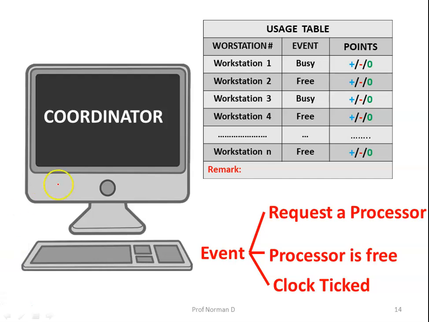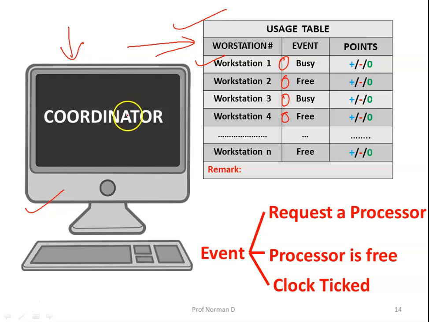So in this algorithm we have a coordinator, and this coordinator maintains something called a usage table. Now in this usage table there is one entry per personal workstation or per user. Now this entry is initially set to 0. When a significant event happens, messages will be sent to this coordinator to update the usage table.